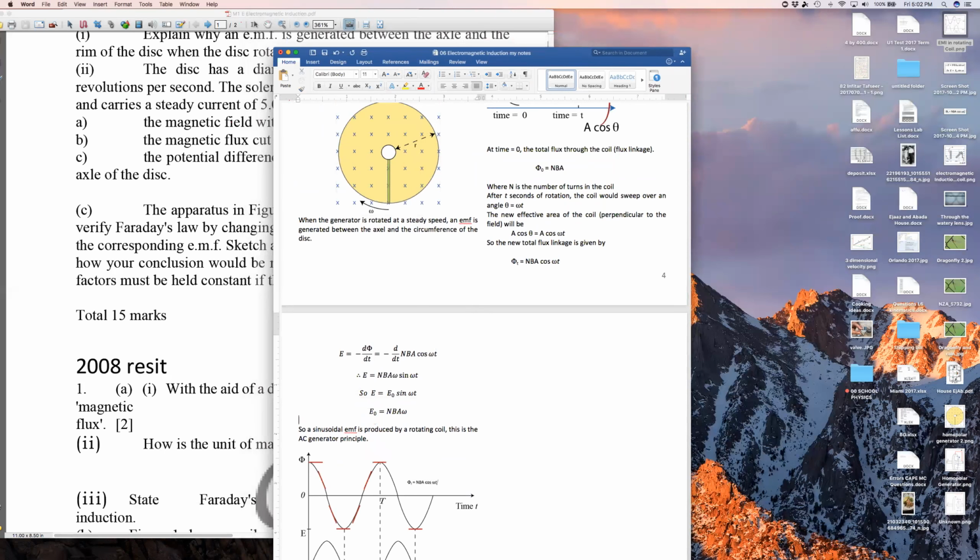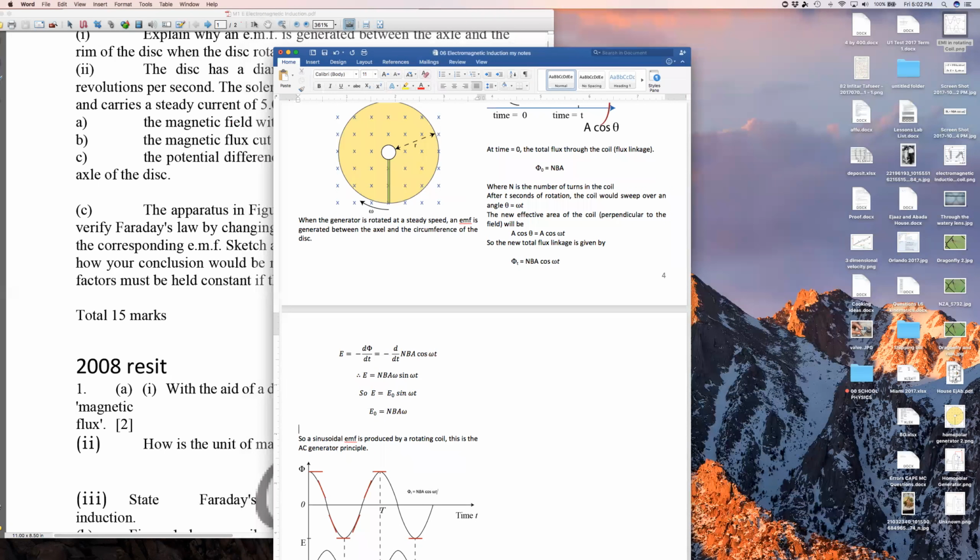And what is E0? E0 is the maximum or the peak EMF induced in the rotating coil.